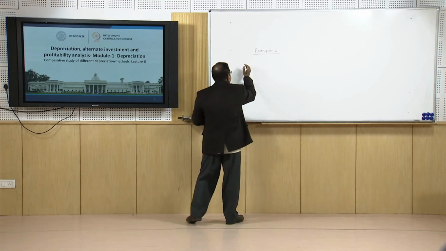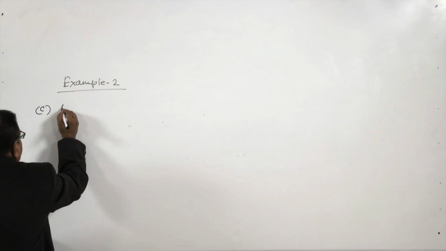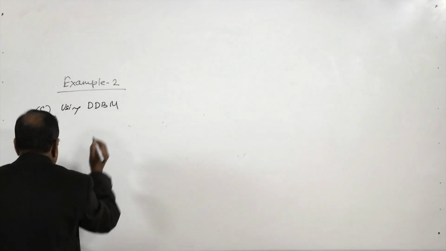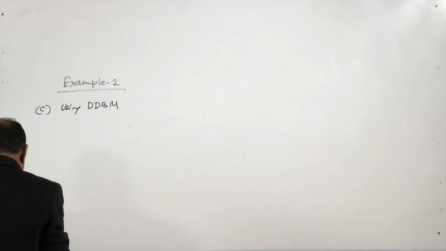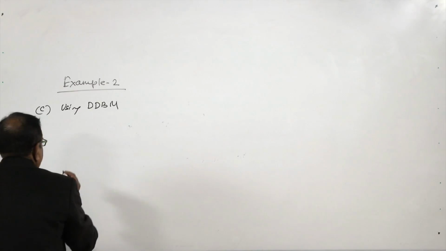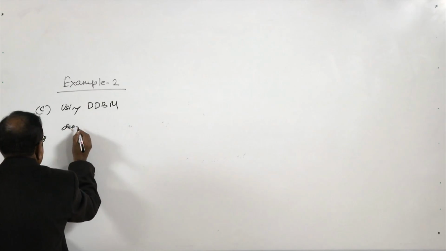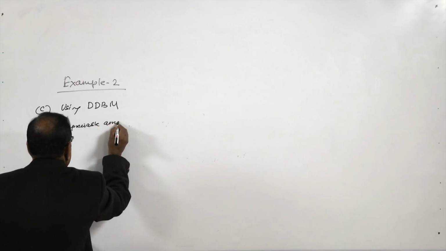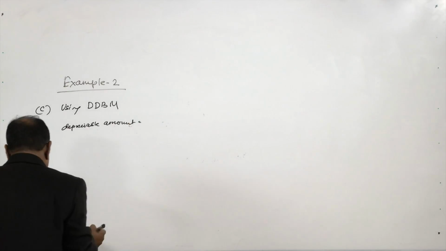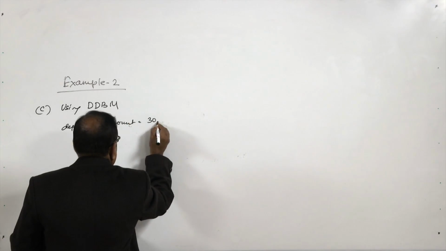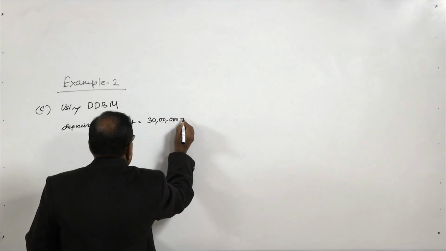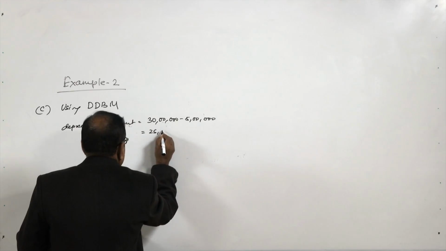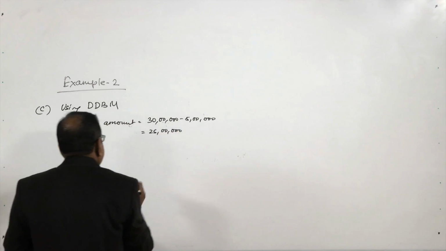Now, C part, using double declining balance method. Now, depreciable amount is equal to 30 lakhs minus 5 lakhs, equal to 25 lakhs.